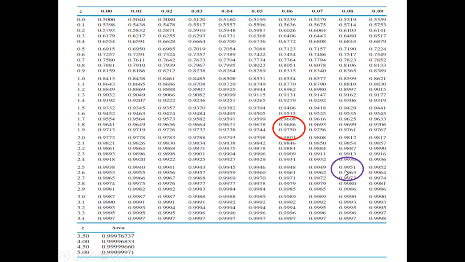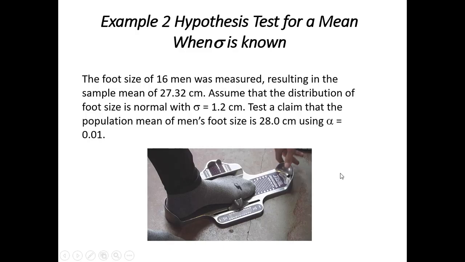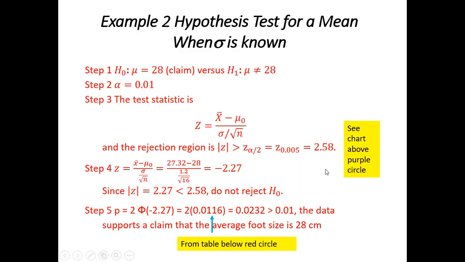If I have 0.005 to the right, that leaves 0.995 to the left. So that value is 2.58. And the normal distribution is symmetric. So really our critical region would be any value greater than 2.58 and any value less than minus 2.58.